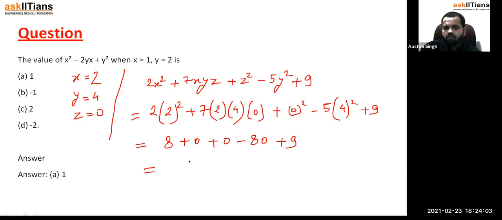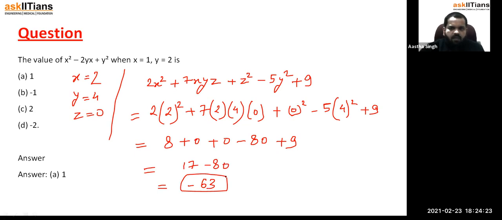So your 8 and 9 will add to 17, minus 80, so we'll get the value of minus 63. Minus 63 will be the answer, right, guys?